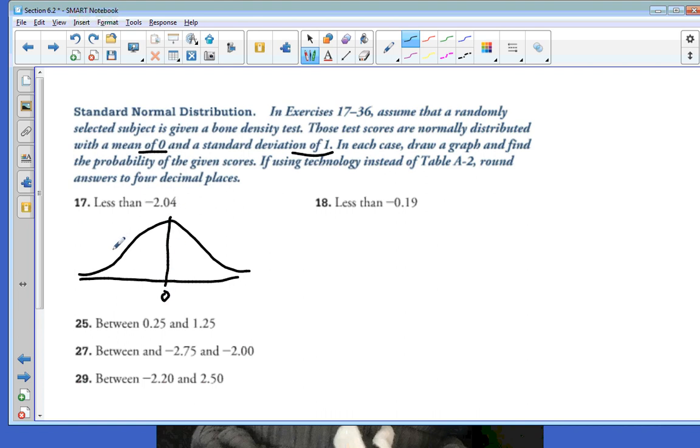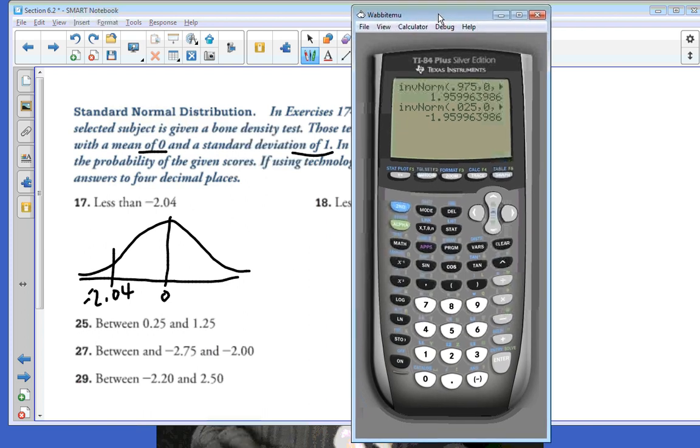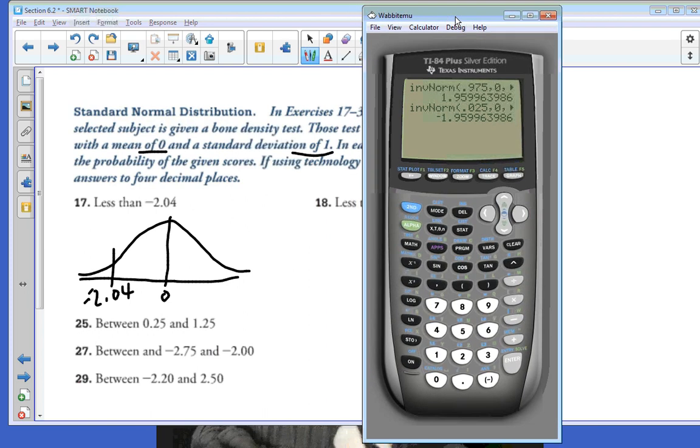We know negative 2.04 is going to be way down here on the end, and I want to find the probability that it'll be less than negative 2.04. Again, I have the z-score. Don't get your z-scores and your areas confused. I have z, I'm looking for area.